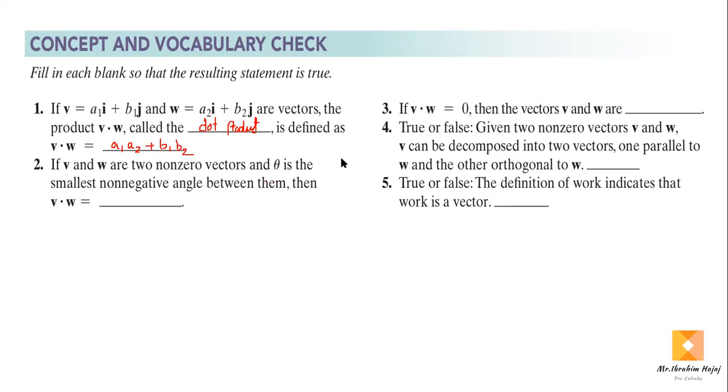Thank you, Omar. Next question. Number 2. If V and W are two non-zero vectors and theta is the smallest non-negative angle between them, then V dot W is equal to, using the angle.